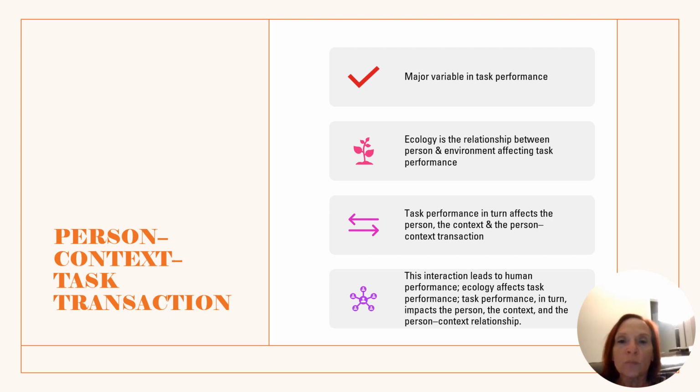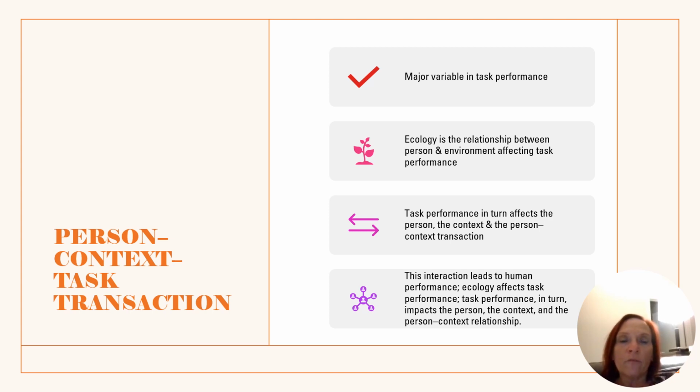Ecology is the relationship between the person and environment which affects the task performance. It can be a support or a barrier to the task performance, and the task performance in turn affects the person, the context, and the person context transaction.